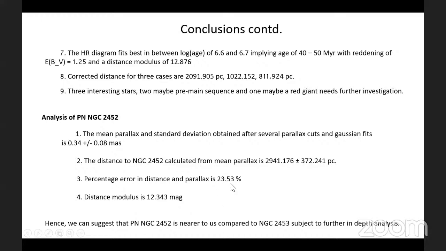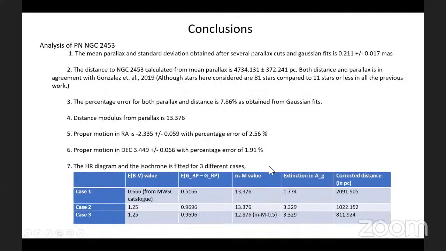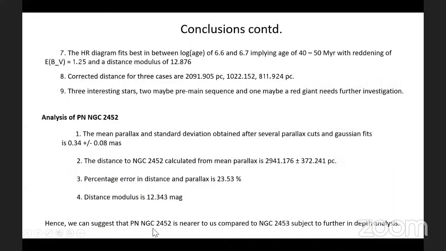So comparing this and this, as a first approximation, we can suggest that the planetary nebula NGC 2452 is comparatively nearer to us than NGC 2453, which is the open cluster. Obviously, it should be subjected to further in-depth analysis.